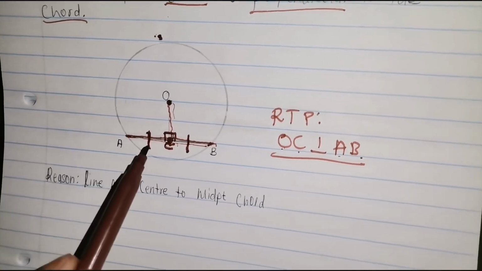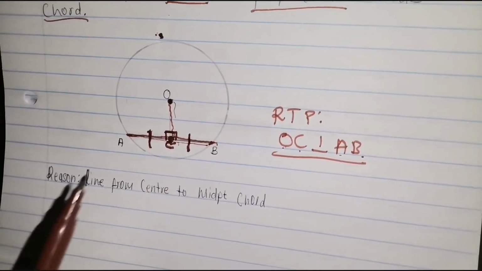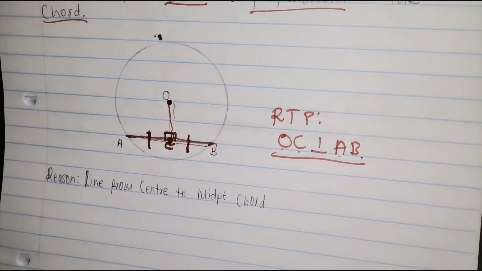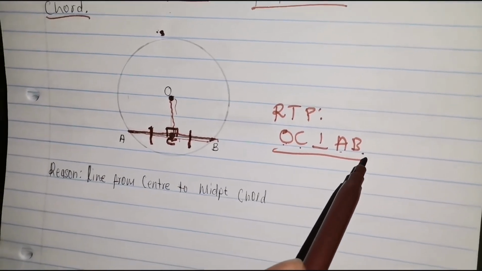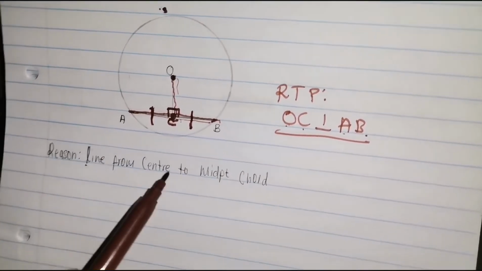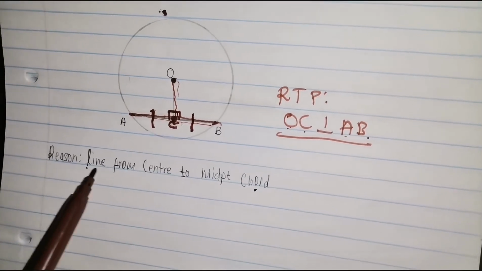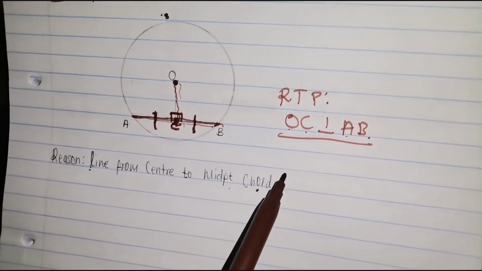If you are only given bisection, therefore OC is perpendicular to AB. Why do we say that? Because it is a line from center to midpoint of chord. This is the reason you're going to use.